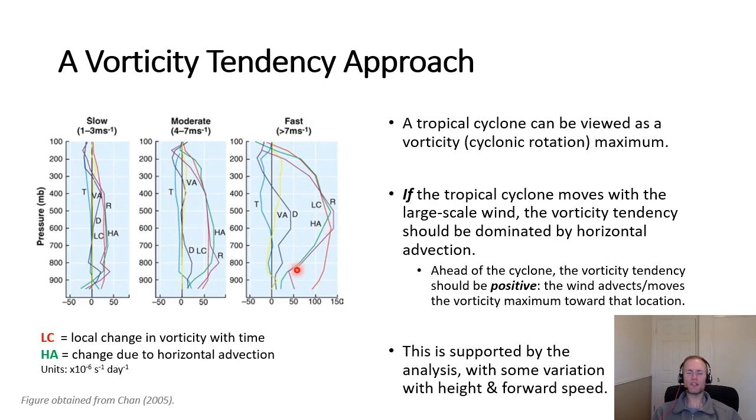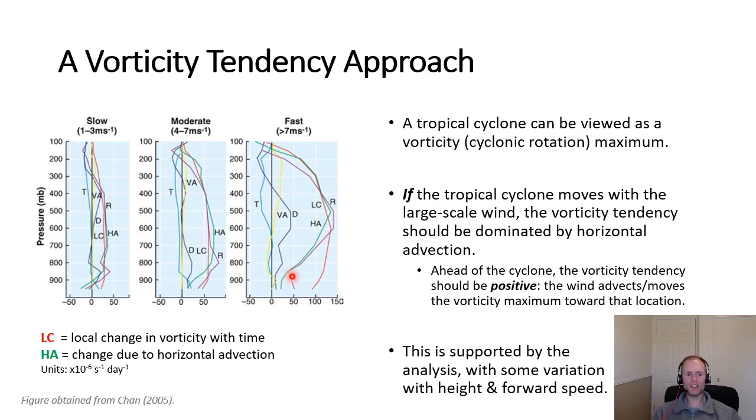We can't tell specifically just what percentage of that we see here, but on average, when you do that type of diagnosis, it's between 60 and 80% of all variability in tropical cyclone motion is governed by the large-scale wind.